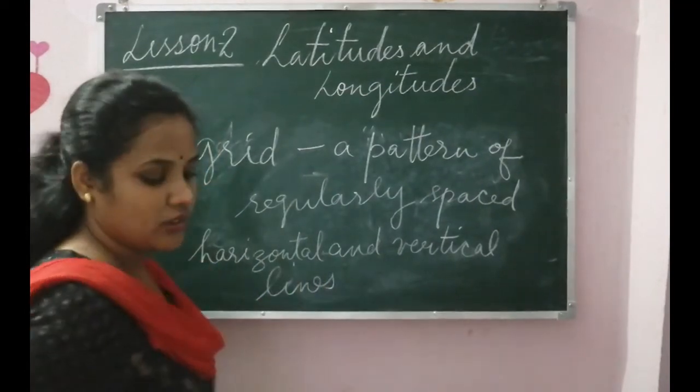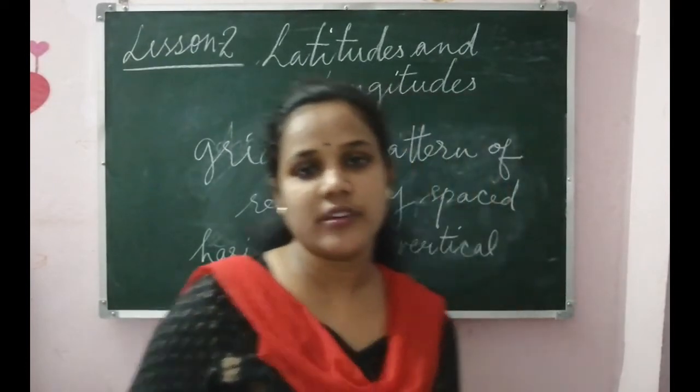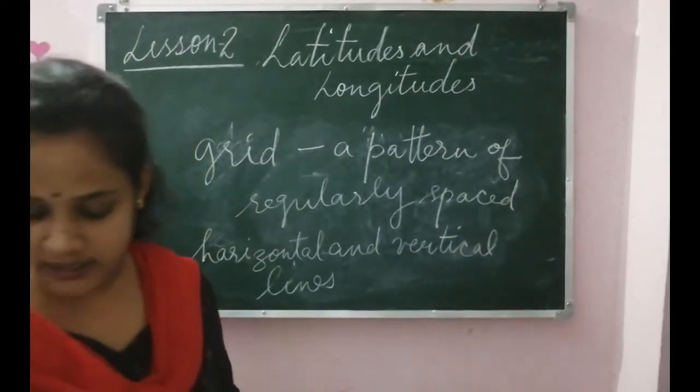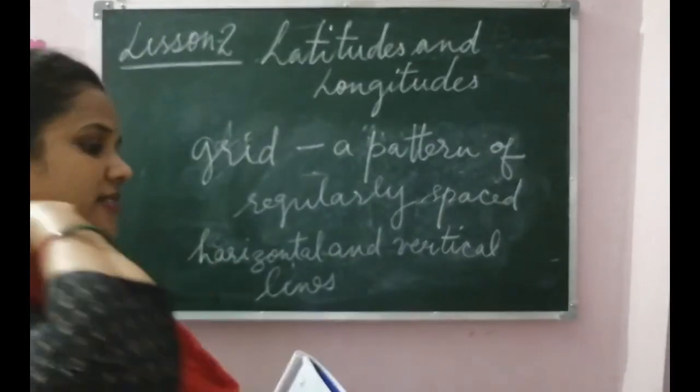Now this is your grid. So grid is a pattern of regularly spaced horizontal and vertical lines. Clear?